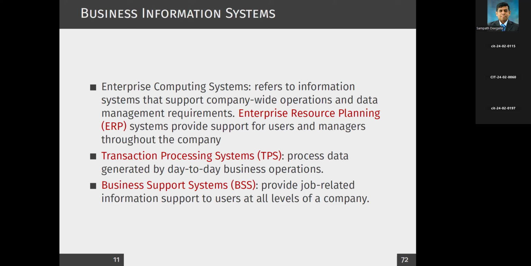So that is something we call business support systems. If you have a student support system, we can have all the information about the students, right? Their information about what degrees they have registered for and so on. Everything could be put in place, right?